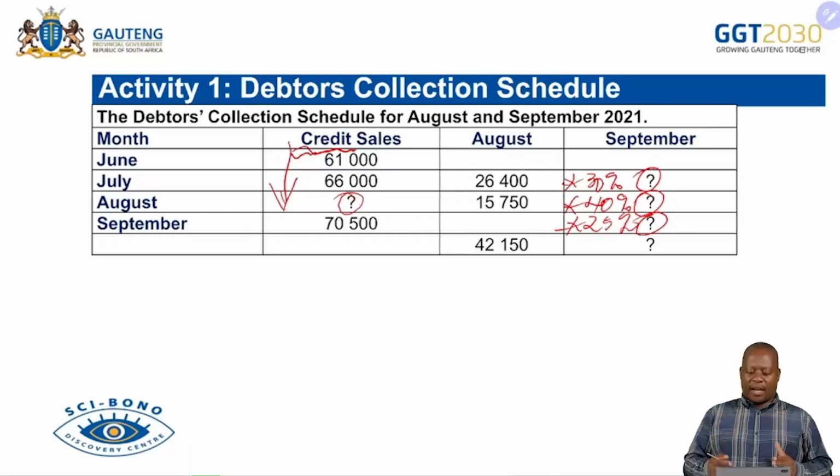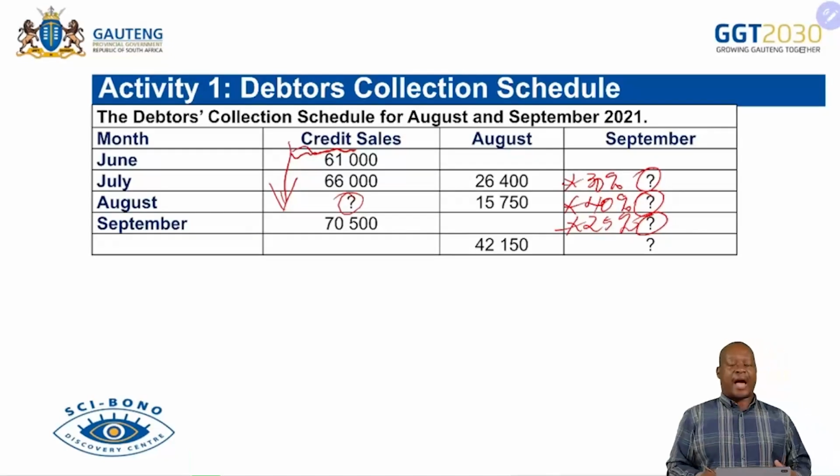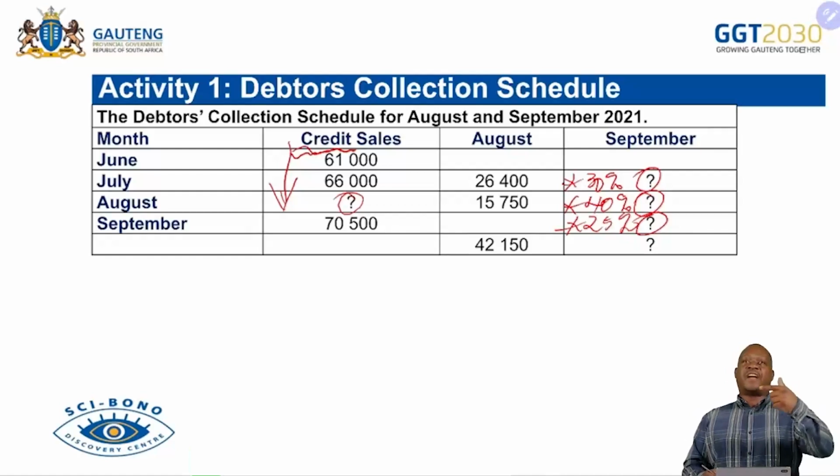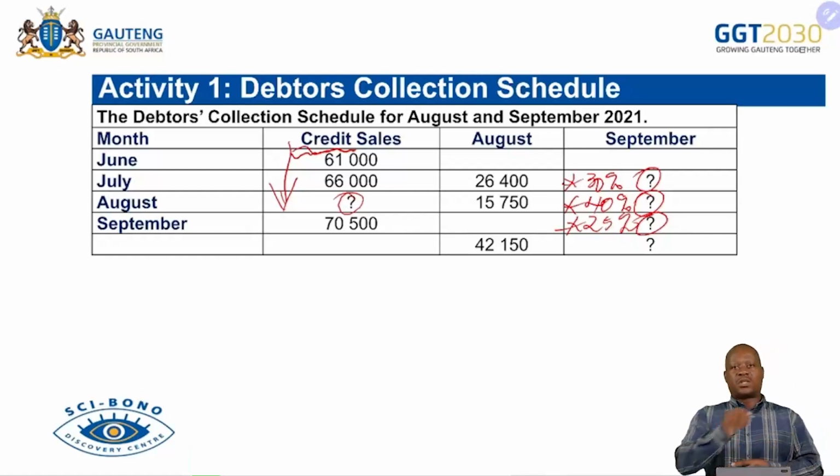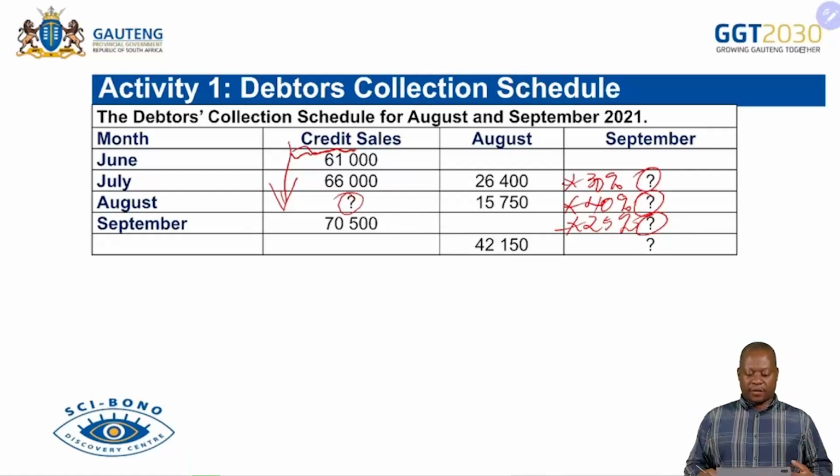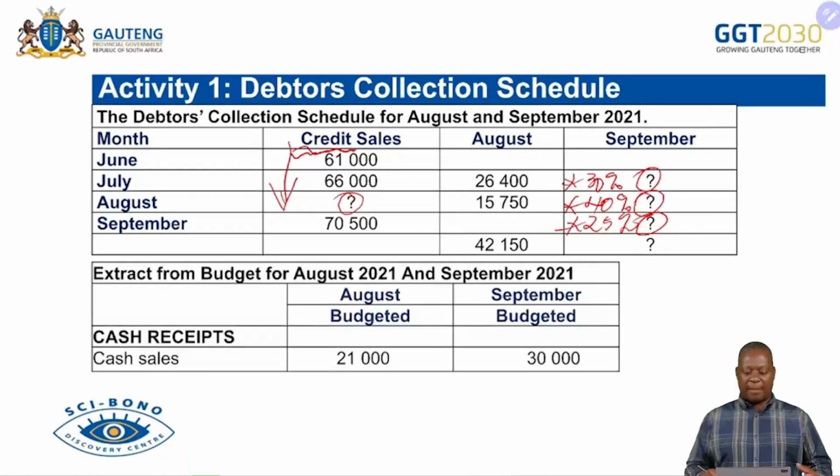When we are looking into the information that is provided to us, it says 25%, followed by 40%, followed by 30%. But when I'm presenting it here, 30% goes on top, followed by 40% and 25%. That's the order. It goes upside down. So let's see how the calculations are going to come up.